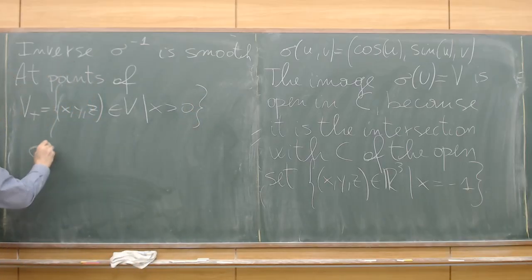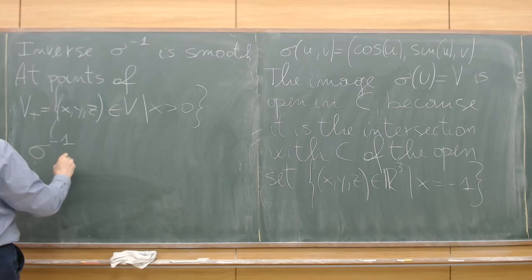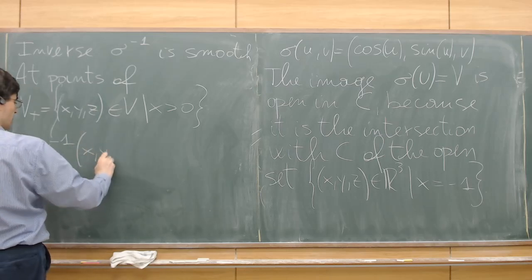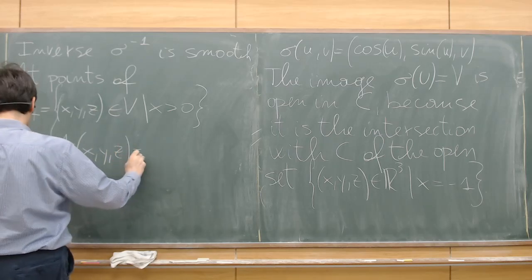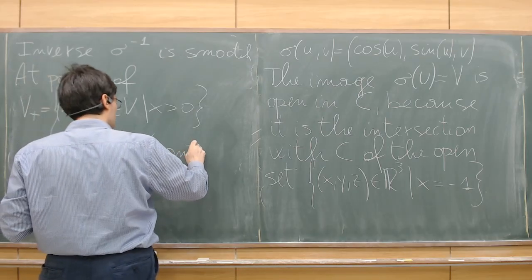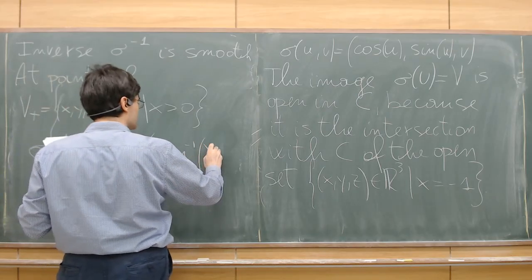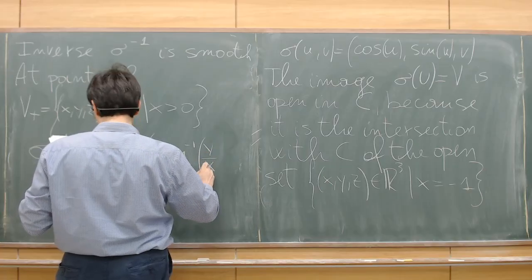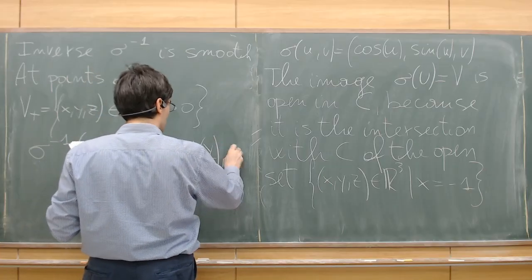The inverse of sigma is given by this formula. The inverse of the function tangent evaluated at y over x, comma z.